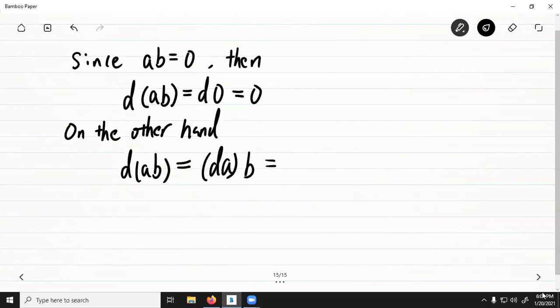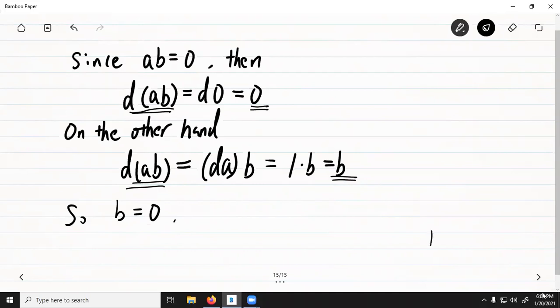We assume D is the multiplicative inverse, so D times A is equal to 1. This is 1 times B. Then we use the axiom for the multiplicative identity: 1 times B equals B. So compare this. D times A times B is equal to 0, and D times A times B equals B. So we have B is equal to 0. Okay. So this finishes the second case, and we finish all the cases.